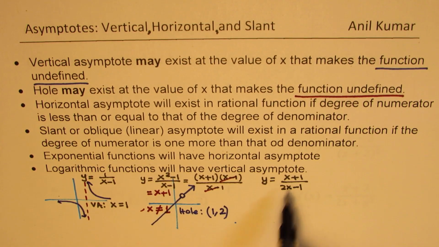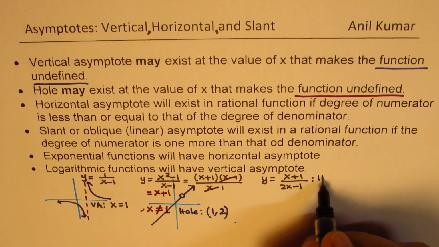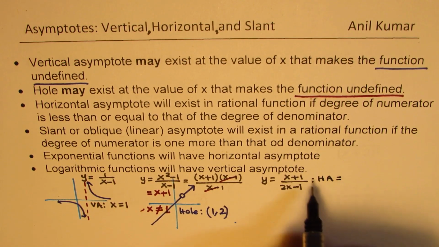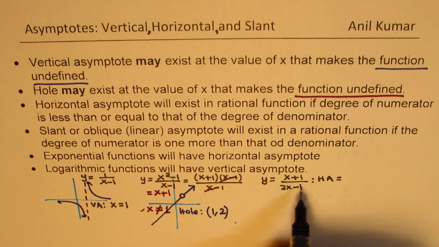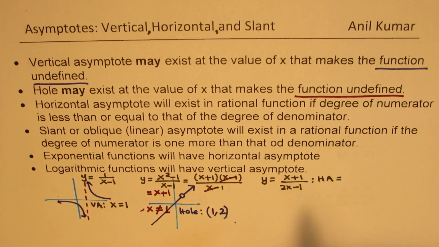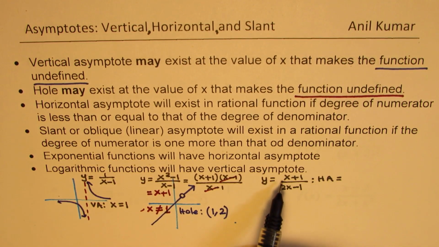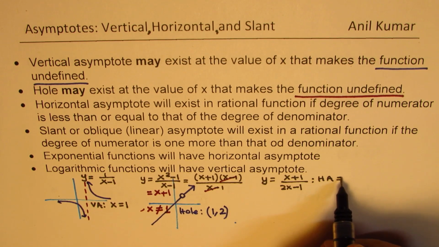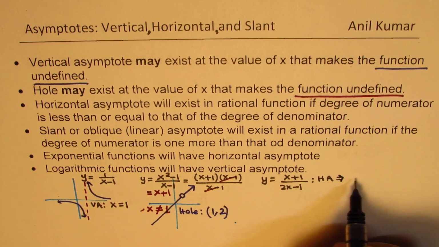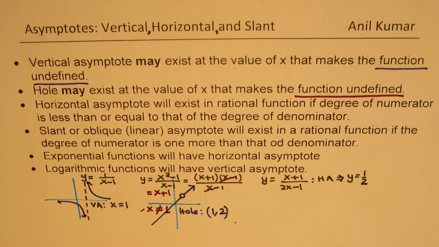So we'll have a horizontal asymptote. A horizontal asymptote is what a function is approaching when x is very large, right? So the horizontal asymptote in this case will be the ratio of the leading coefficients, 1 over 2. So we say the horizontal asymptote is at y equals 1 over 2, right?